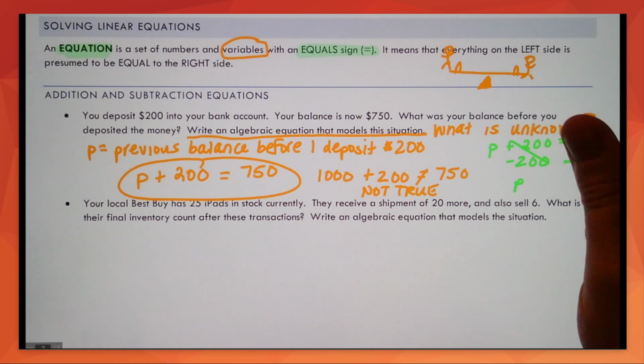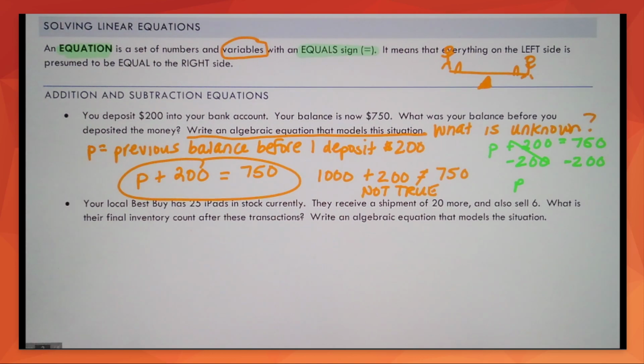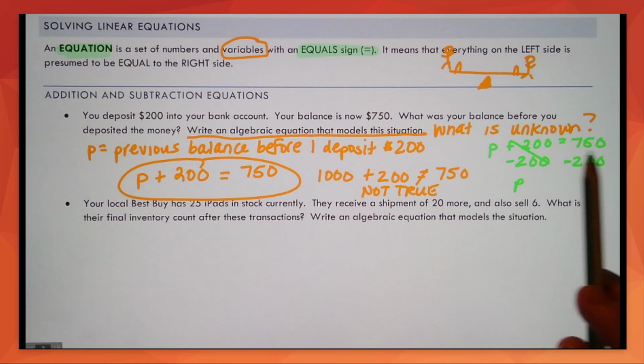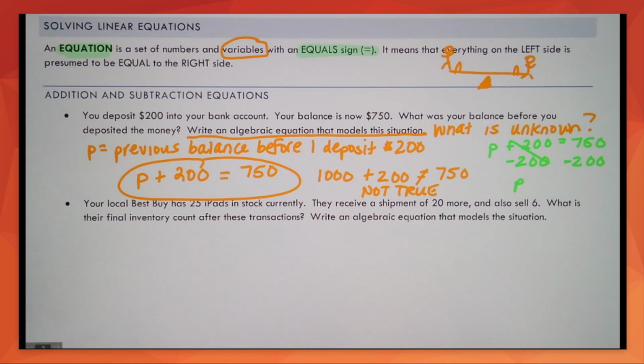So instead of taking away 200 just from the left, I also have to do it from the right. That is just a mathematical truth. It's a law. If two things are equal, I'm only allowed to change one of them if I change the other thing as well. So I take away 200 here. I also have to take away 200 over here.